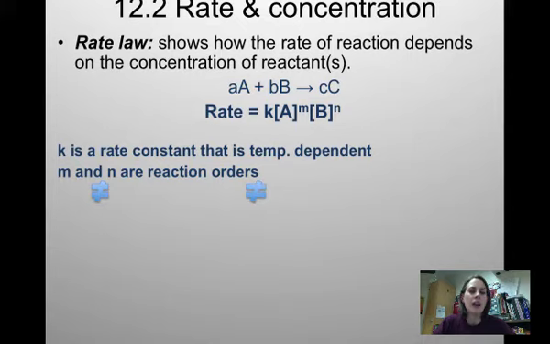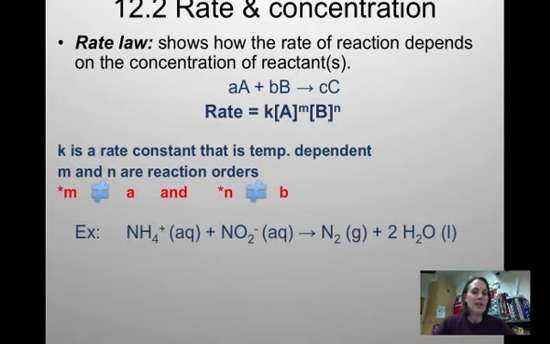The higher that number, the more important that reactant is to affecting the rate of your reaction. It's also important to know that m is not equal to the coefficient of A, and n is not equal to the coefficient of B. If you keep that straight, we will be in good shape from here on out.